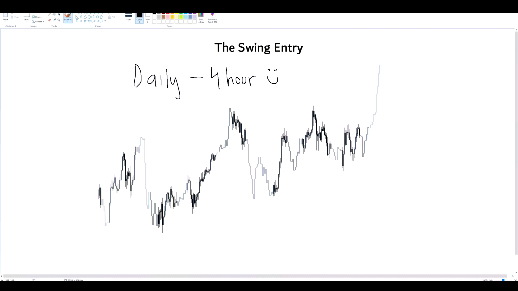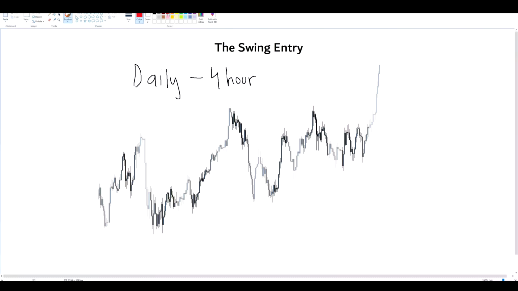Add a nice smiley face right here. All right, there we go. So the daily to the 4 hour. That means you could use the 12 hour, the 8 hour, the 7 hour, the 6 hour, the 5 hour. But for the people that don't have TradingView Premium, it's okay. The daily and 4 hour is just as good, and you could even use the weekly. There's no limit.